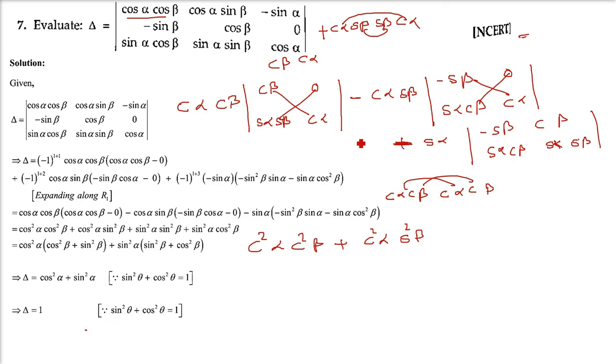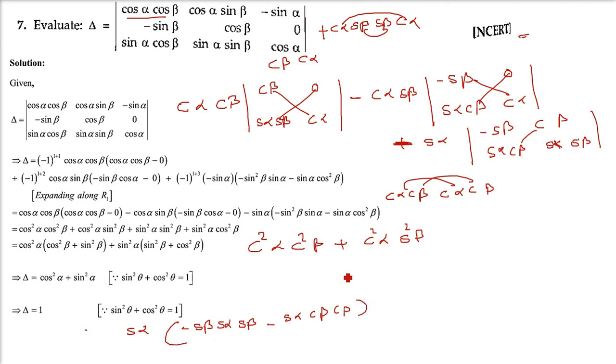Minus we will take just now, but we have to consider this sin alpha, multiply this. It will be minus sin beta, sin alpha, sin beta. And here cos beta, minus cos beta, sin alpha, cos beta. Now what do you see here?